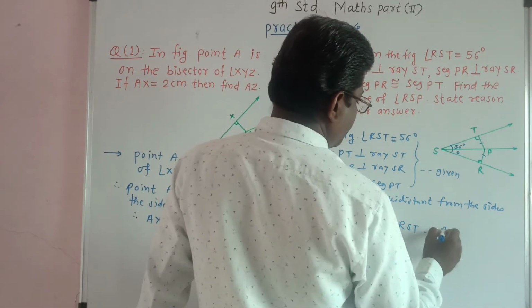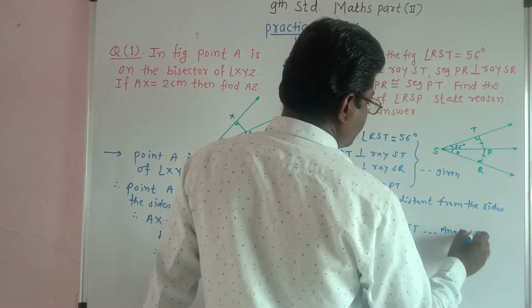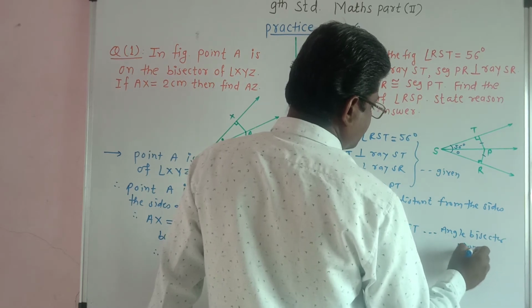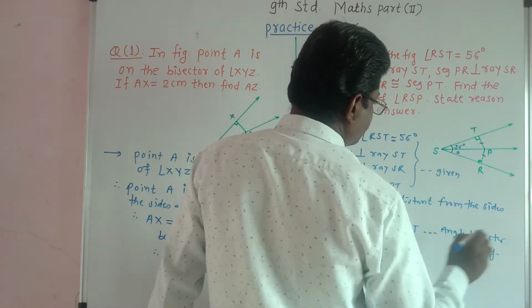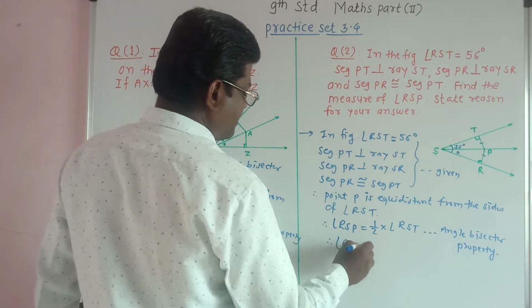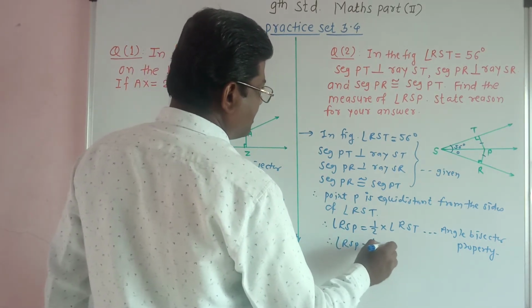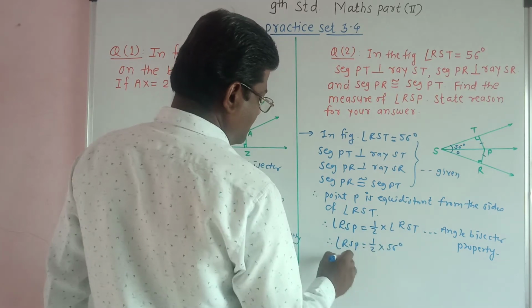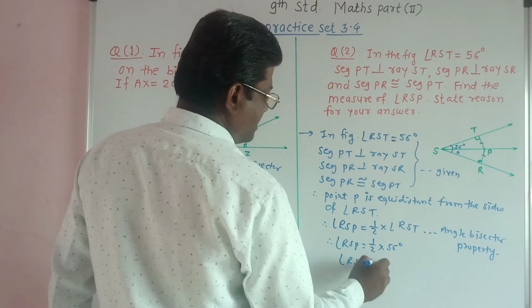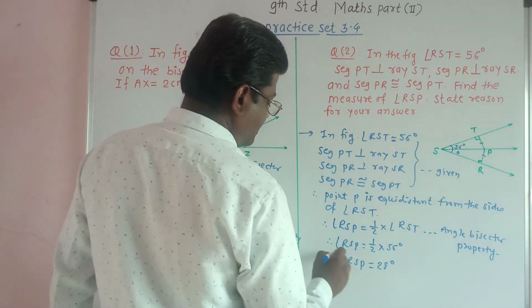This is due to the angle bisector property. Therefore, angle RSP is equal to 1/2 into 56. Therefore, angle RSP is equal to 28 degrees.